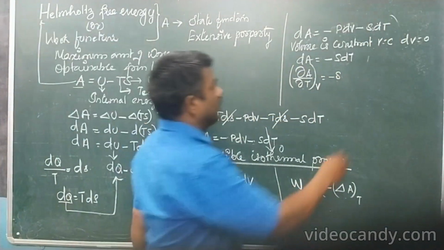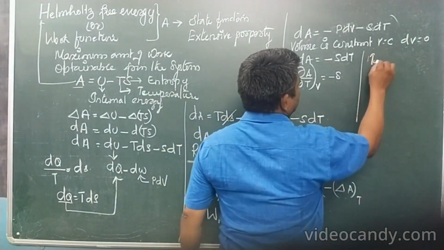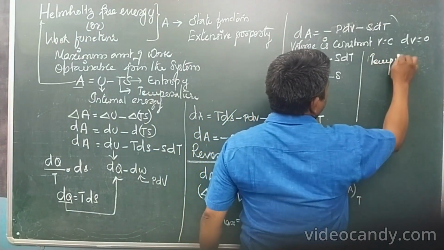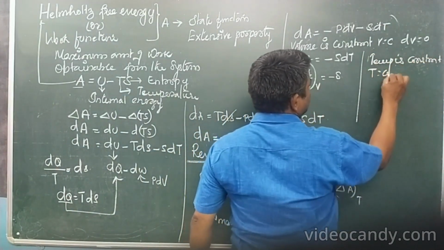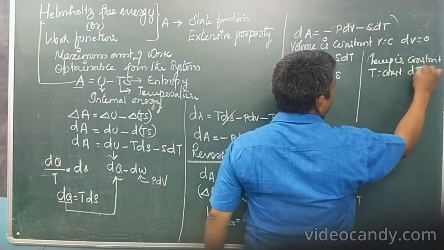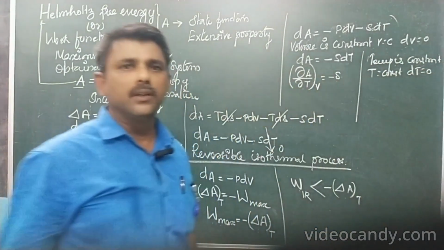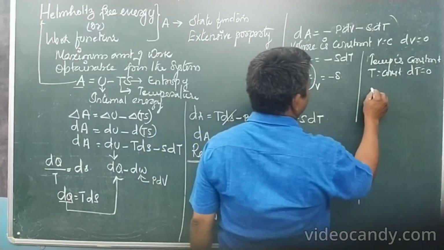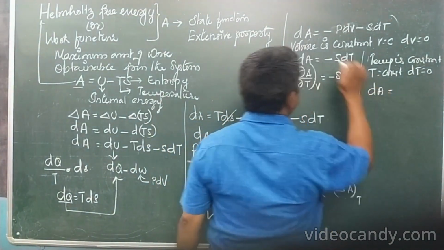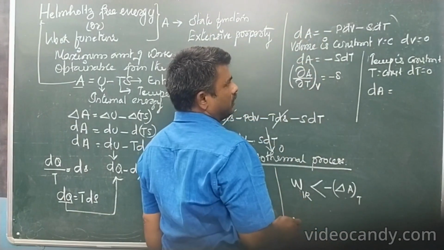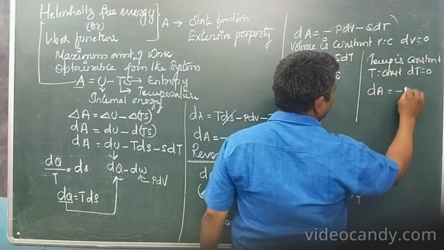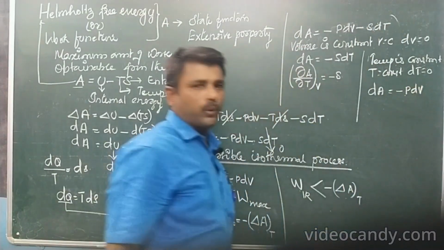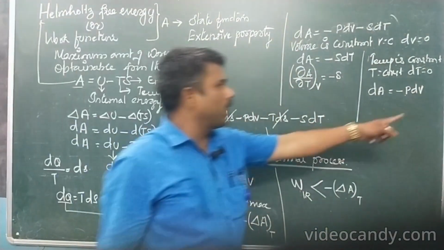Next, temperature is constant, which means T is equal to constant and dT is equal to 0. So this equation becomes dA is equal to minus P dV.